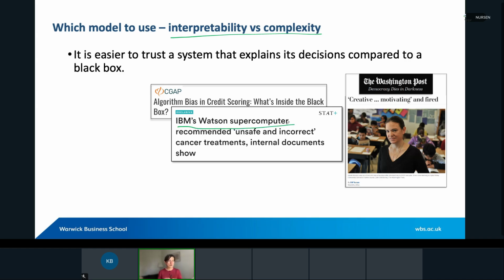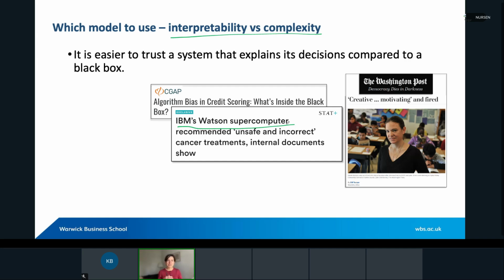This was a huge fail on IBM's side. They used a supercomputer to predict whether the patient has cancer or not, and they also used this algorithm to recommend treatment for the patients. And after several applications, it had a very severe impact on the patients, and it was scrapped.